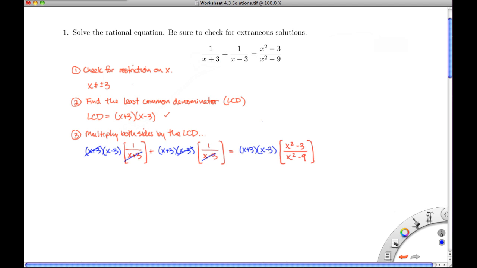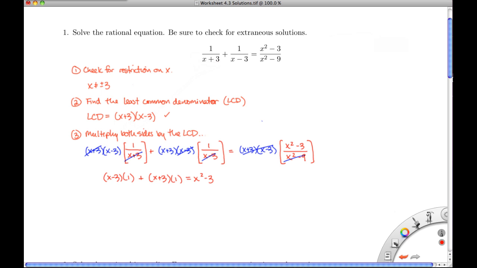And since x plus 3 times x minus 3 is the same thing as x squared minus 9, these are going to both cancel out. And if we look at what we have left, we've got x minus 3 times 1 plus x plus 3 times 1 is equal to x squared minus 3.